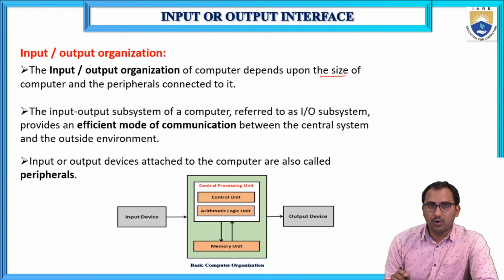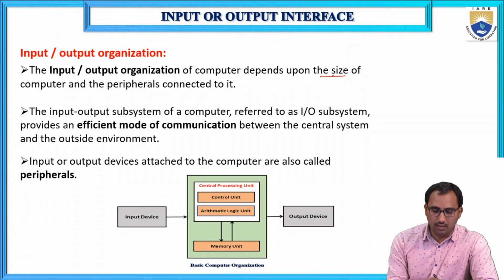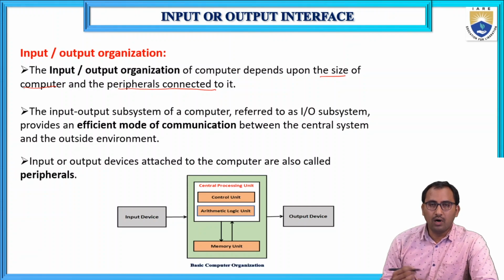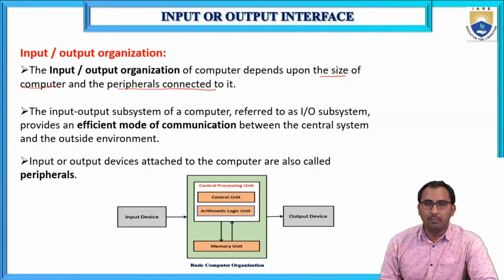So the input or output devices organization mainly depends upon two factors. One is the size of the computer, and the second factor is the peripherals that are connected to the computer. In this lecture, we are mainly discussing IO interfacing. We are connecting several input or output devices with the computer.